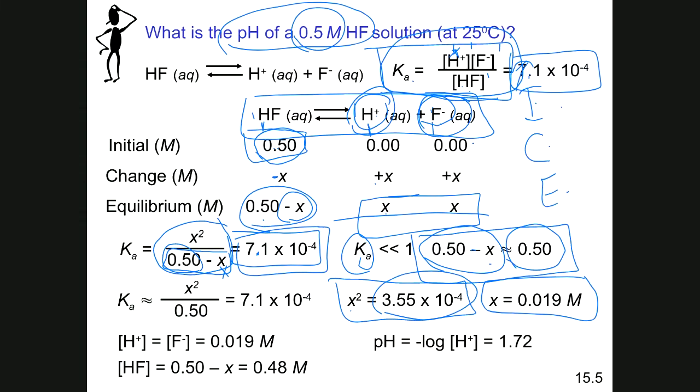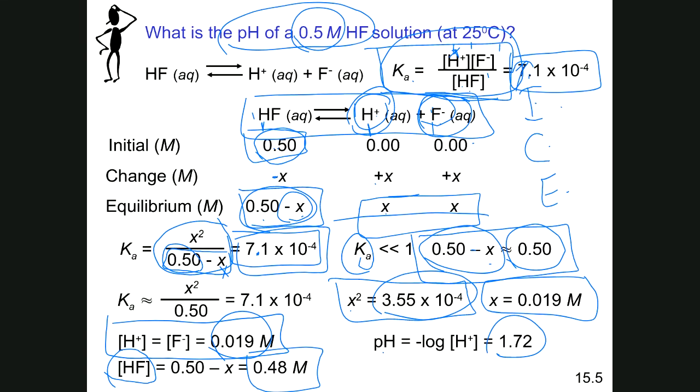To find the pH, you take the negative log of this concentration, and you get the pH for the given acid. For a more precise concentration of HF, you would use 0.5 minus X. If you have the value for X, you subtract, and this would be the concentration at equilibrium for HF also.